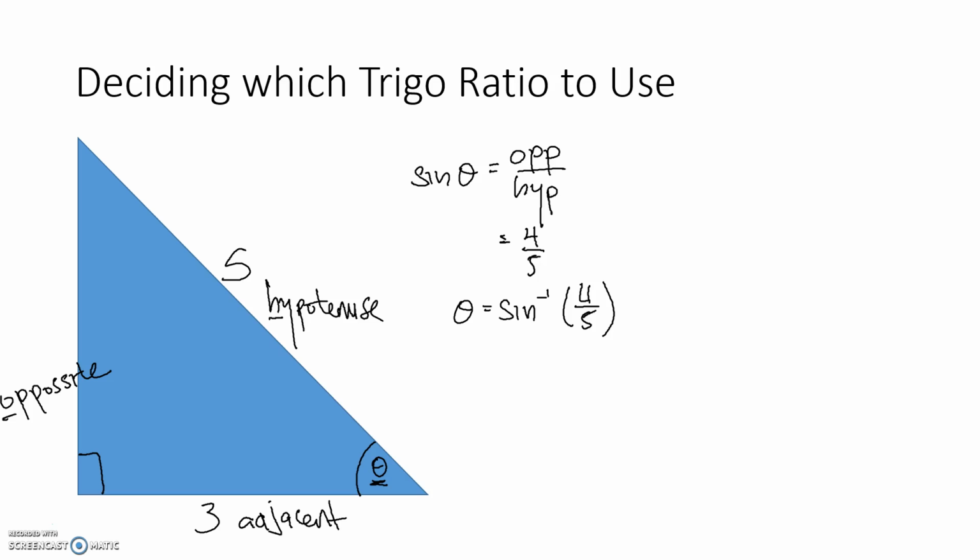You're given adjacent, you're given hypotenuse. So the trigo ratio that's available to us is cosine theta, because cosine theta is adjacent over hypotenuse, which gives you 3/5. And you find theta is the inverse of cosine 3/5, which is 51.3, if I'm not wrong.